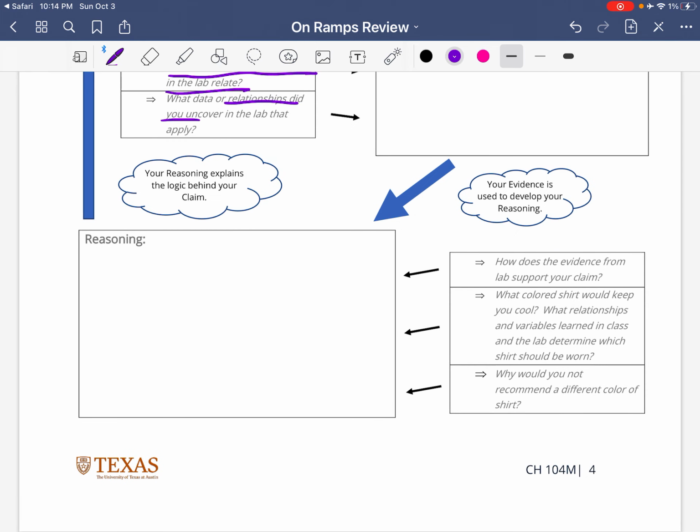Now we go to our reasoning. How does the evidence from lab support your claim? So we'll just tie it together. So I will wear this color shirt because of my data. Okay?